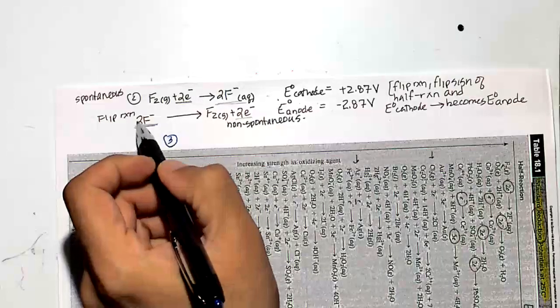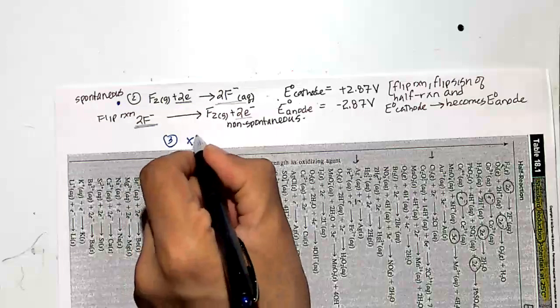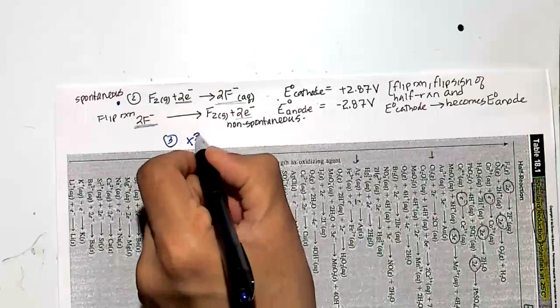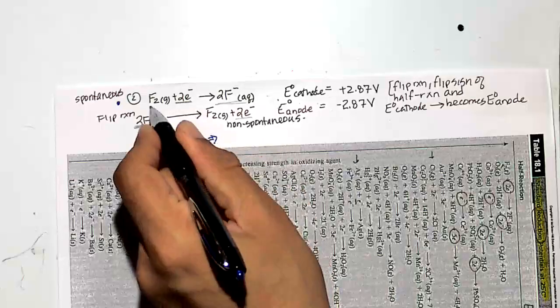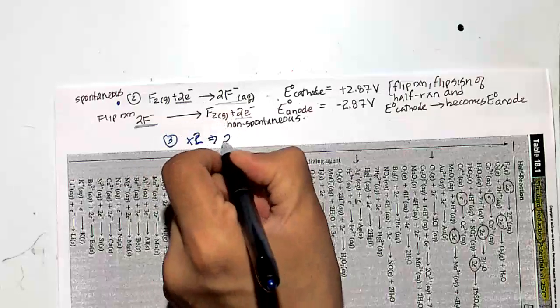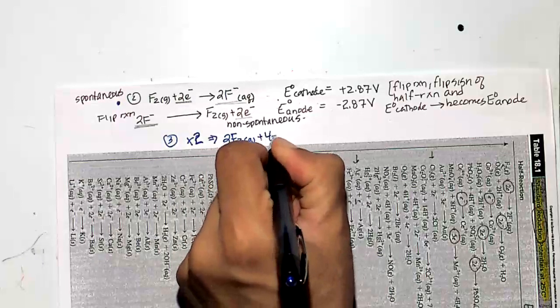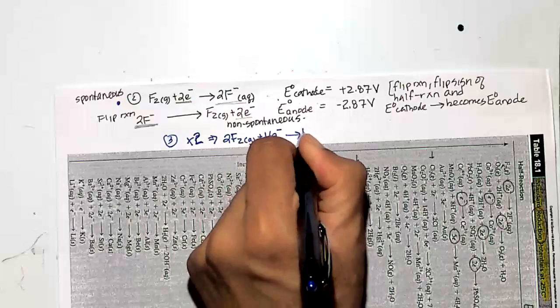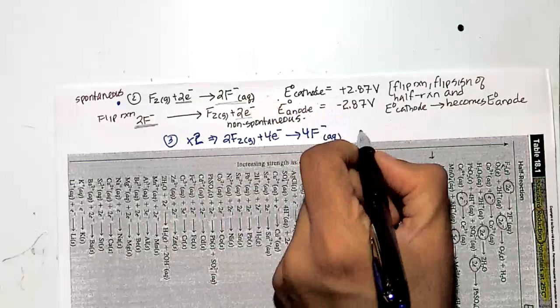Okay, so let's say I take this half reaction, with the blue dot, and I multiply it by 2. So what happens if I take this half reaction and multiply it by 2? I'm going to get 2F2 plus 4e minus goes to 4F minus.